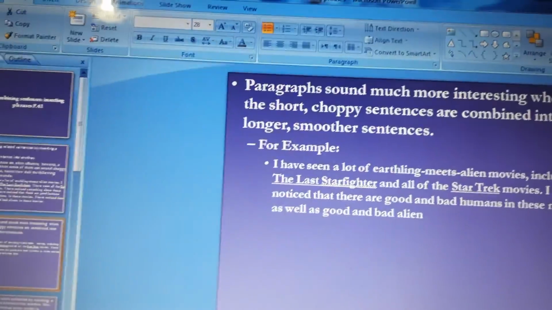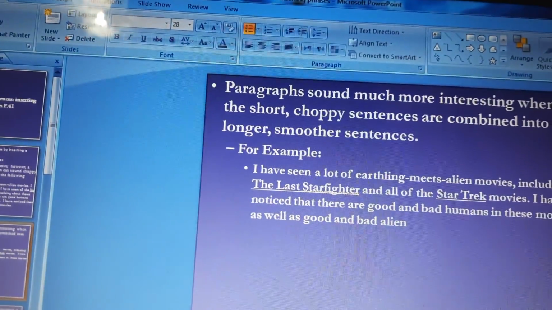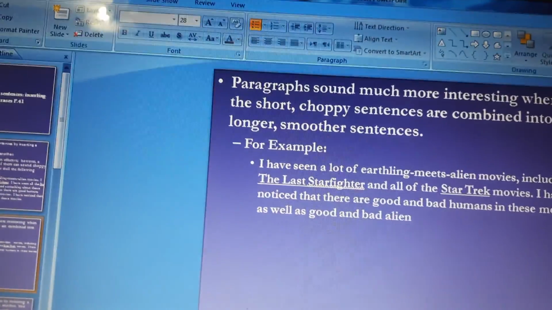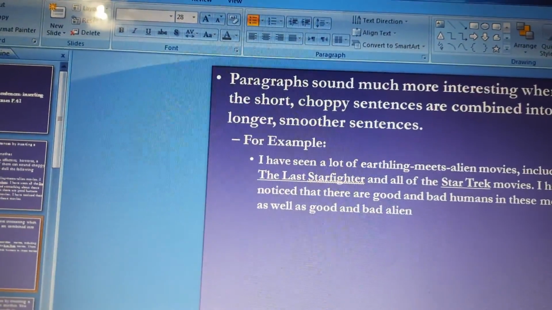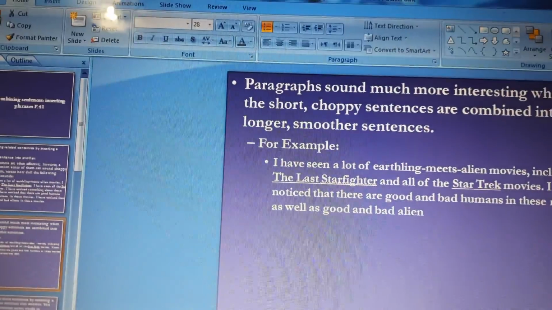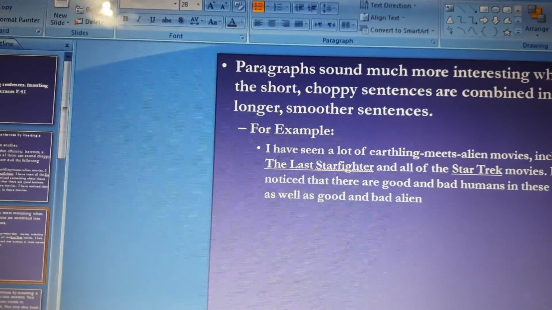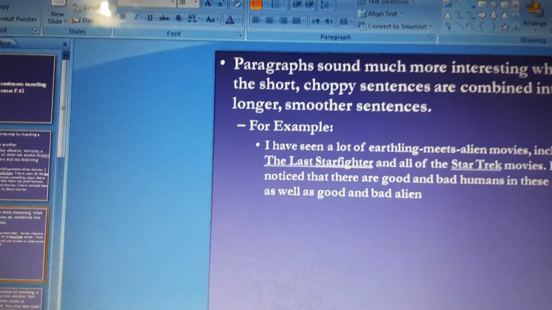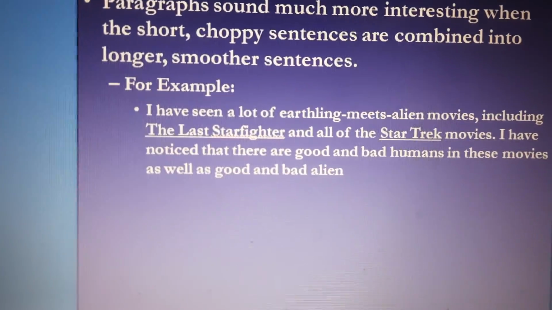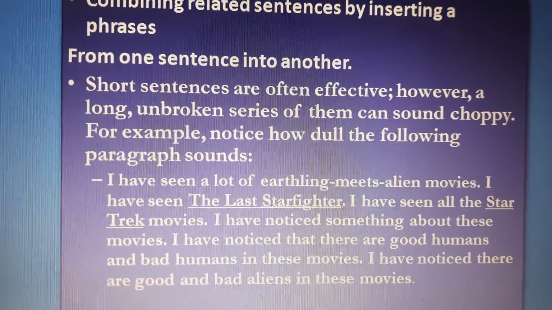Here you go. I have seen a lot of Earthling meets Alien movies, including The Last Starfighter and all of the Star Trek movies. I have noted that there are good and bad humans in these movies, as well as good and bad aliens. Can you see the difference between this paragraph and this paragraph?